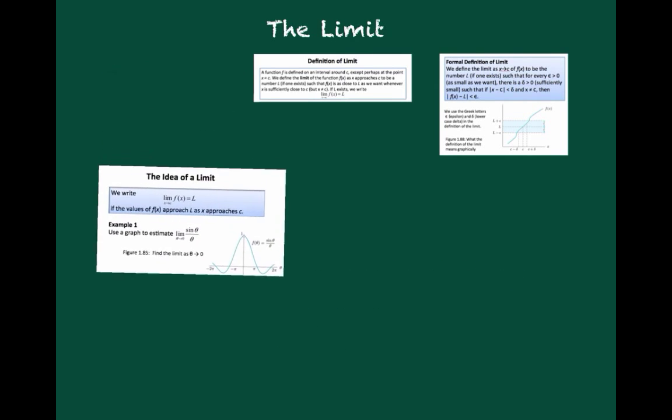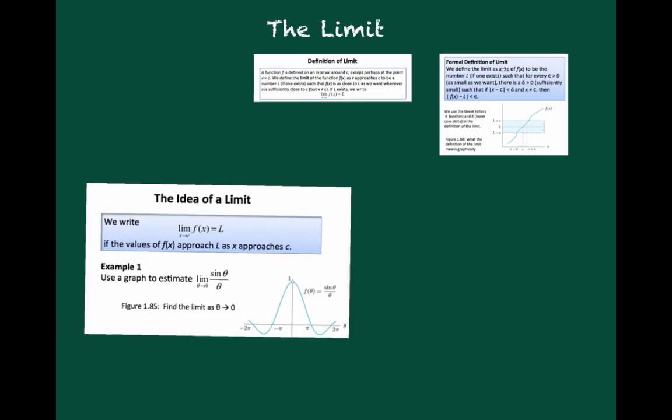Okay, let's take a look at this example here. Now, if we were asked to find the limit of sine theta over theta anywhere on this graph, it would be pretty easy to do. The limit would equal the value of the function.